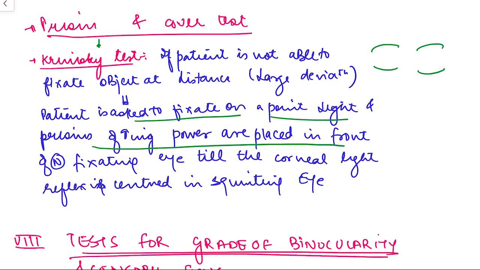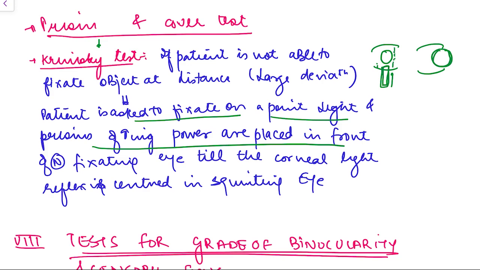So for example, this is the normal eye, this is the squinting eye. So we'll start placing the prism. This is a prism bar on which there are prisms of various powers. So we'll move the prism in this direction like this.